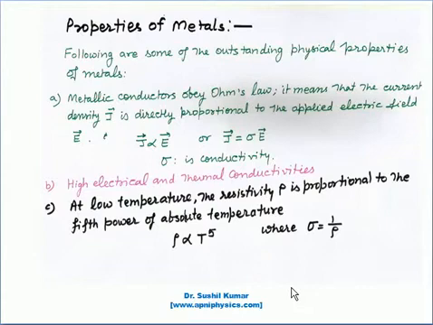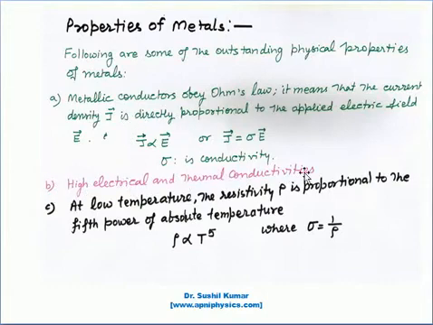There are some outstanding physical properties of metals mentioned, in which number one is metallic conductors obey Ohm's law. It means that the current density J is directly proportional to the applied electric field E. So J is equal to sigma into E, where sigma is the conductivity. This is the first property, related to Ohm's law.